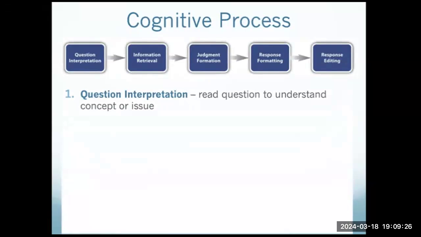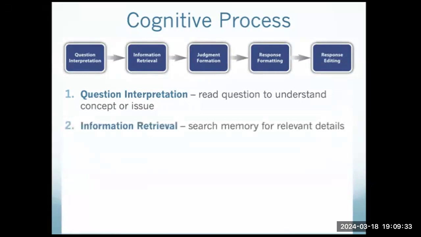You want to make sure that people understand what it is you're trying to get at. Second part is information retrieval. So once the person thinks they understand what you're asking, now the person who's taking the survey, their job is to go back in their mind and think about what sort of information is being asked of them, right?